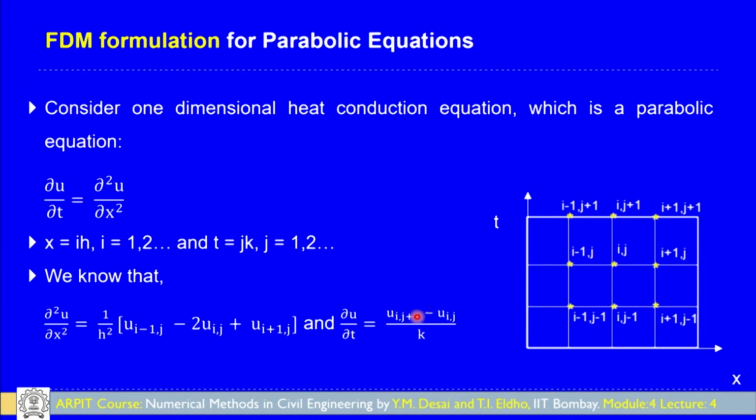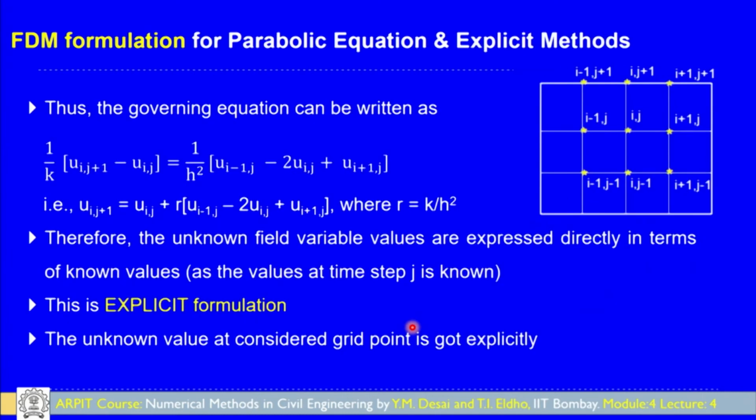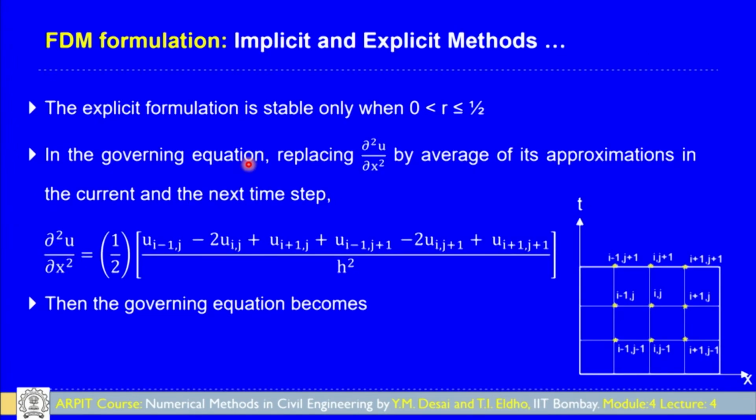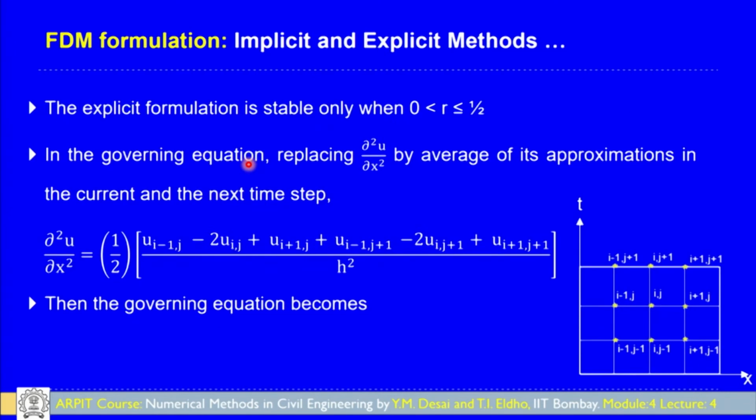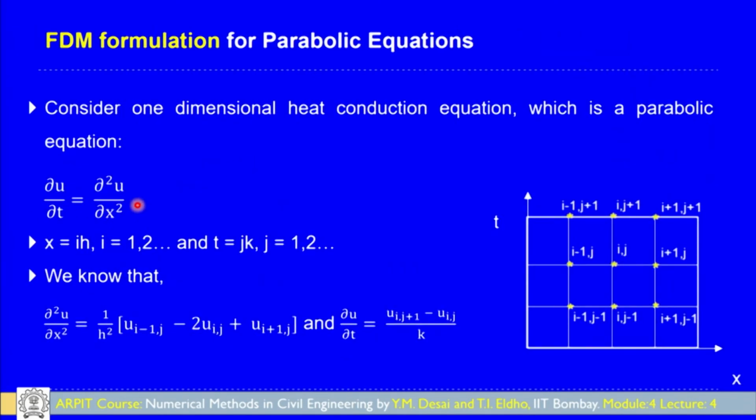Now we can combine both of these to finally write the finite difference formulation for the parabolic equation, or the diffusion equation, or heat conduction equation. We have already approximated this term and then the second term.